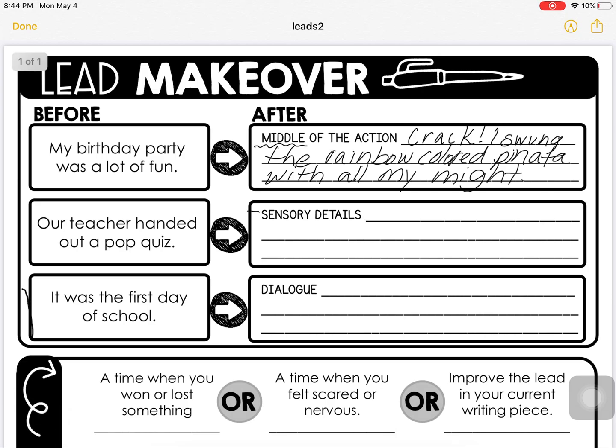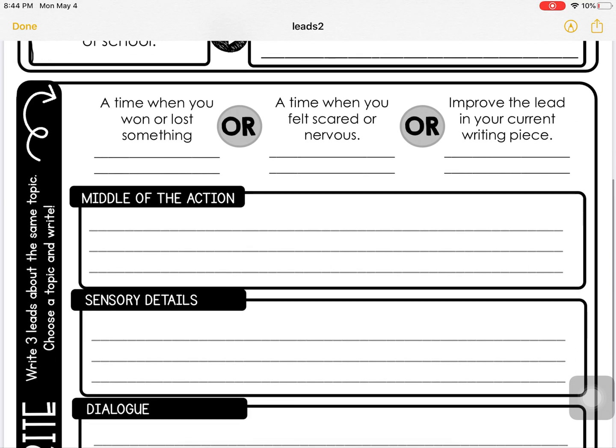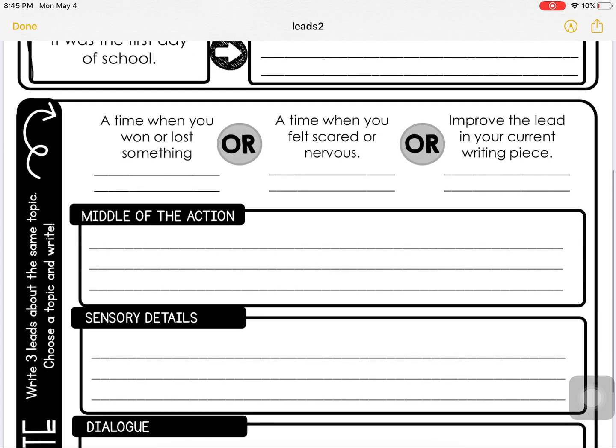Then lastly, after you're done with the lead makeover, I want you to do some writing. You're going to write 3 leads about the same topic. Choose a topic and write. You can choose any one of these: a time when you won or lost something, a time when you felt scared or nervous, or you can improve the lead in your current writing piece.